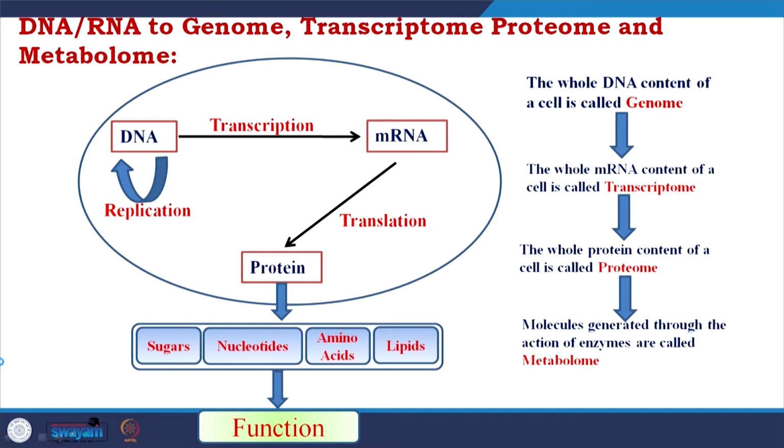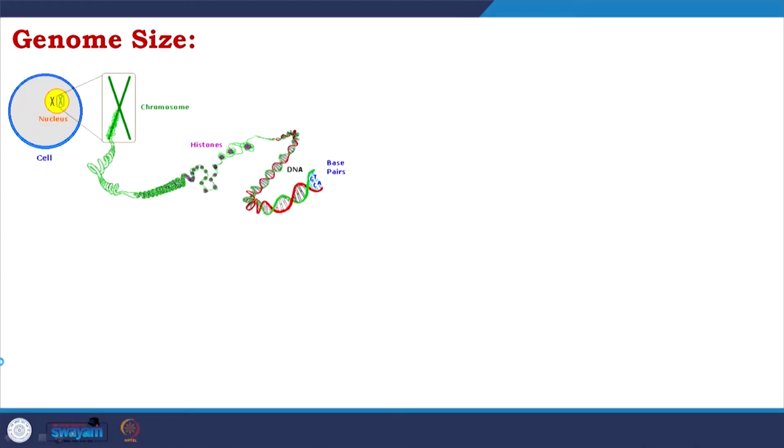So if we could read a gene and extend the ability of studying a gene to the genome, that means we could read life. That was revolutionary, and that is what we are shifting to: the genome. But there are challenges. In the cell, there are chromosomes, and chromosomes, with the help of histones, are very closely packed.